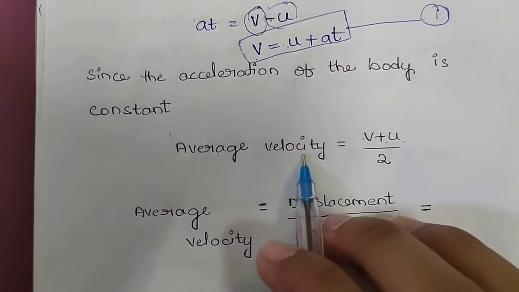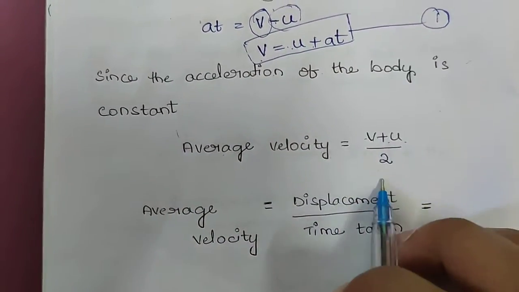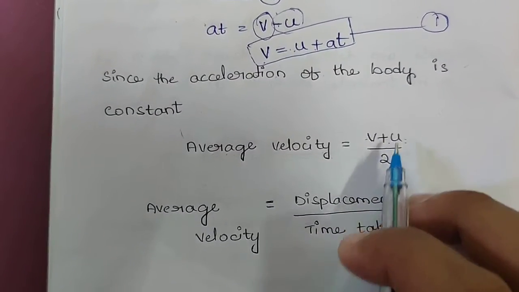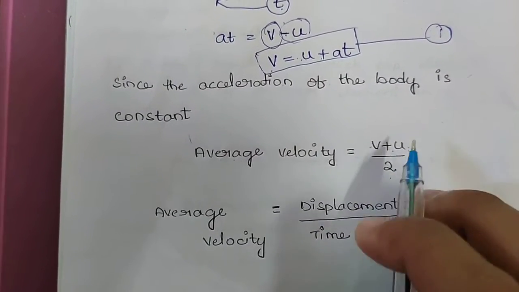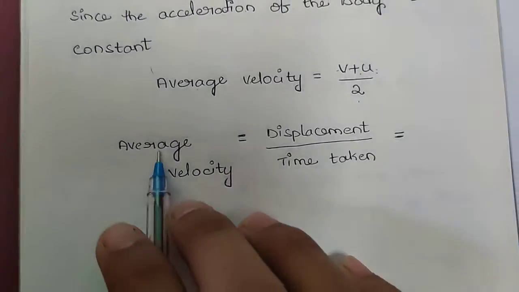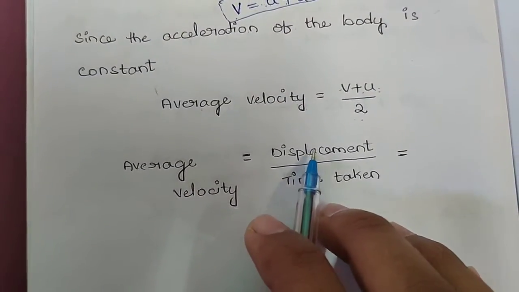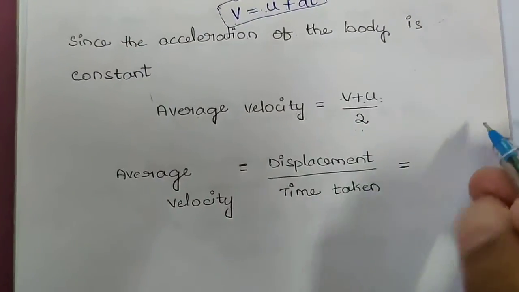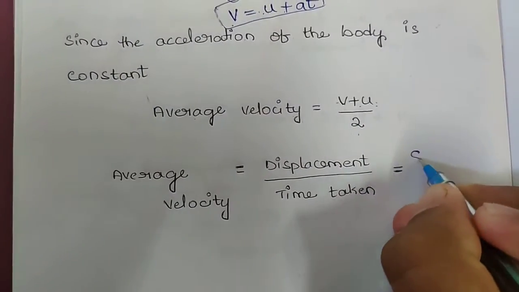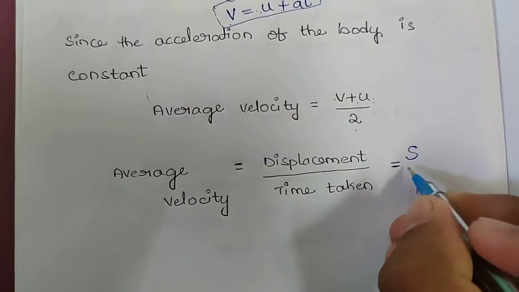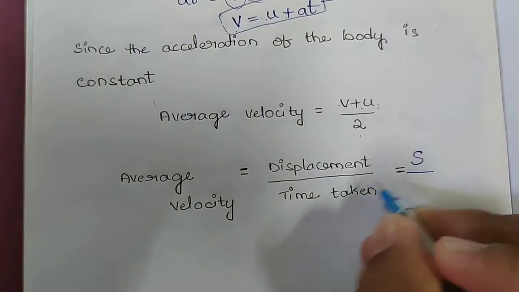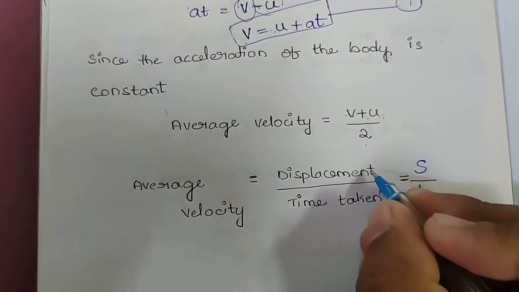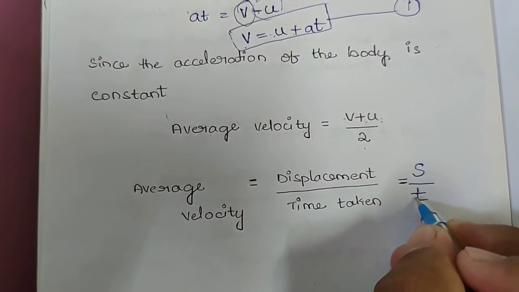So the average velocity is v plus u divided by 2, and displacement can be denoted as small s, and time taken as small t.